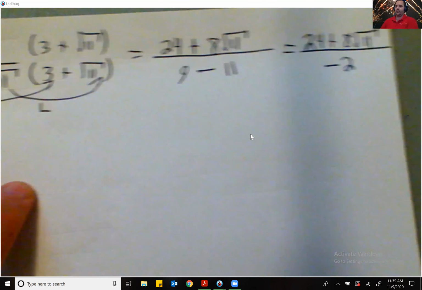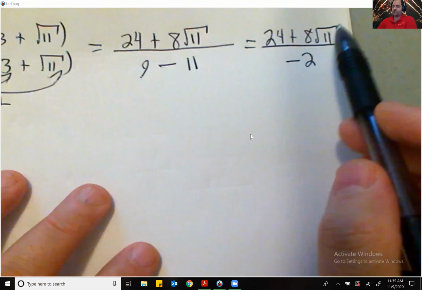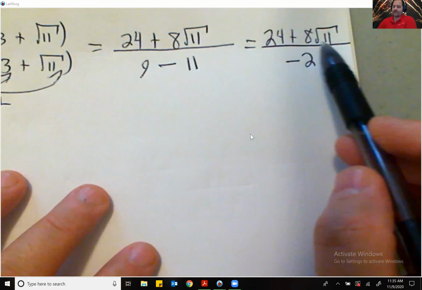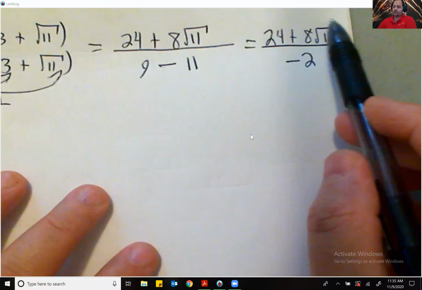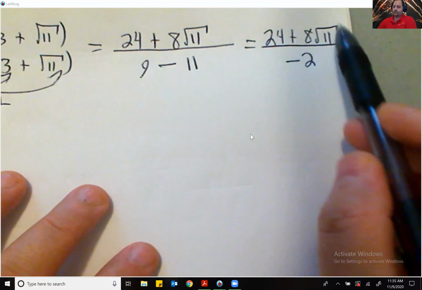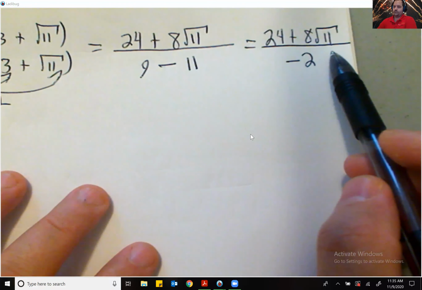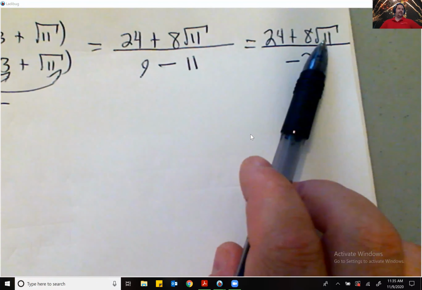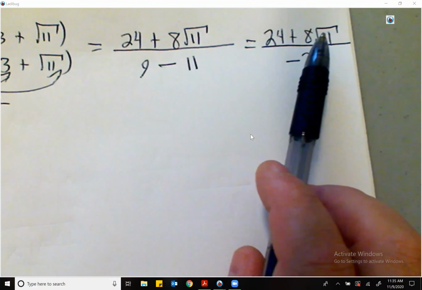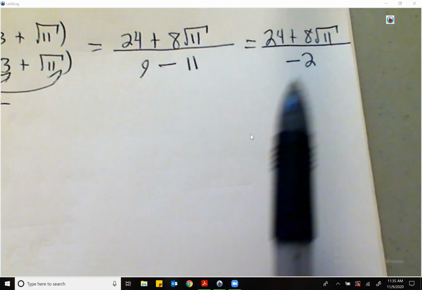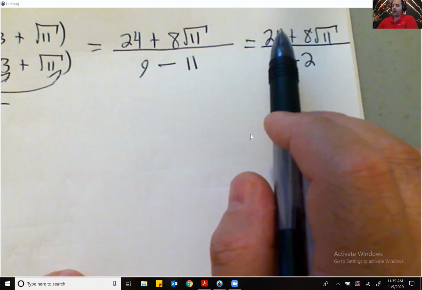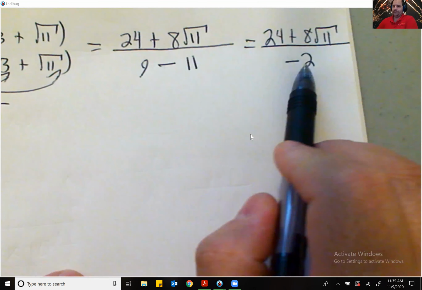Now, from here, you first look at your radical. Can the square root of 11 break down? No. Good. Then you look at your numbers: 24, 8, and negative 2.